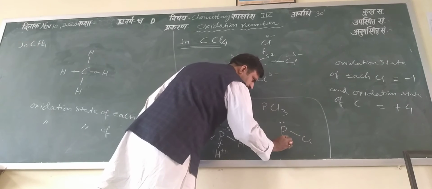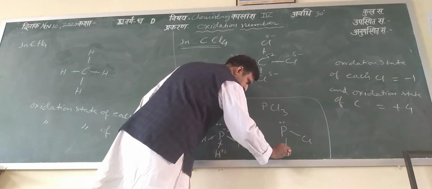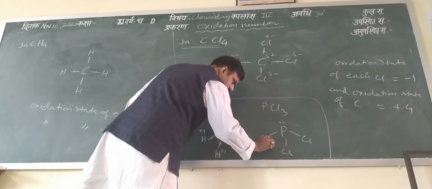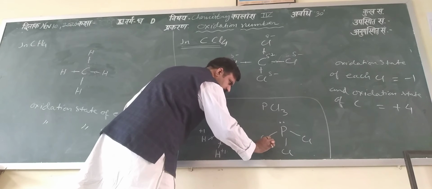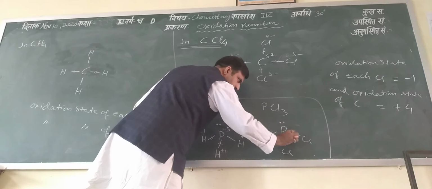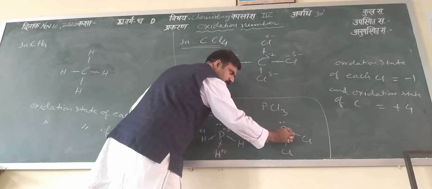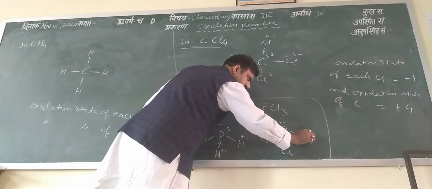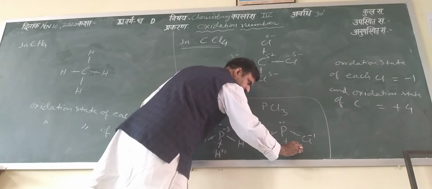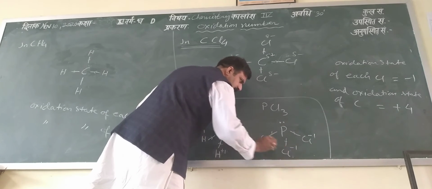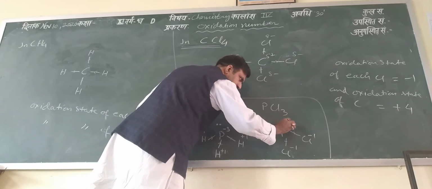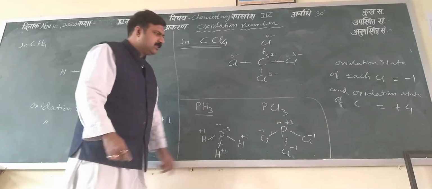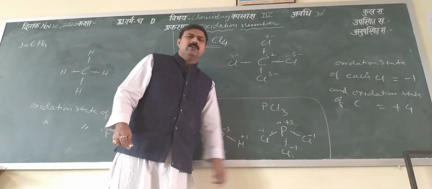But in PCl3, chlorine is more electronegative than phosphorus, so the shared electron will polarize towards the chlorine atom, and if the bond breaks, the shared electron pair will completely transfer towards chlorine. Each chlorine becomes -1, and phosphorus +3. So in PCl3 the oxidation state of phosphorus is +3 and each chlorine -1.